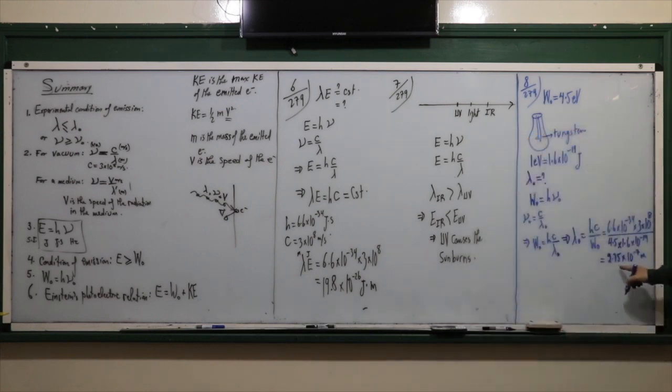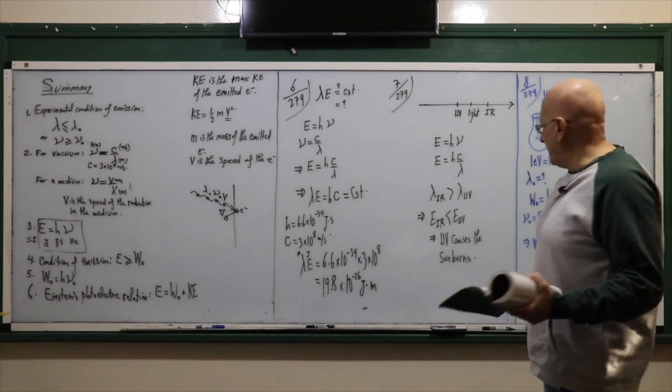Usually lambda node, because it is very small, is expressed in micrometer or nanometer. So if I want to change it to micrometer, I multiply by 10 power 6. So you get here 0.275 micrometer.